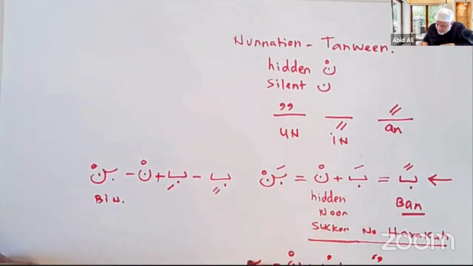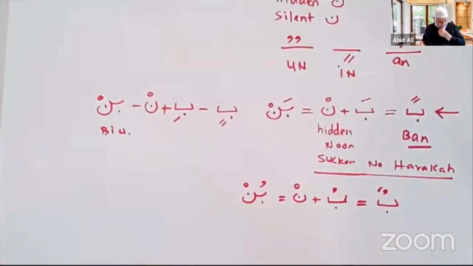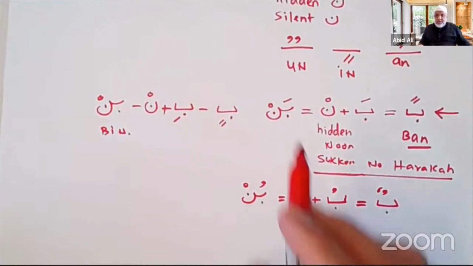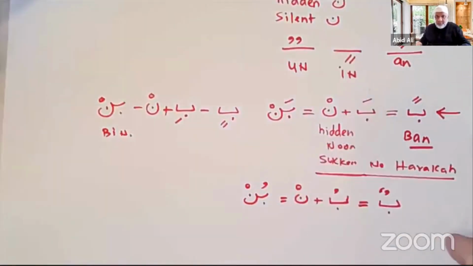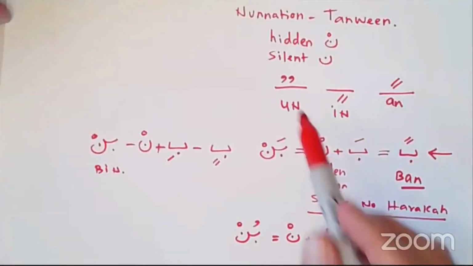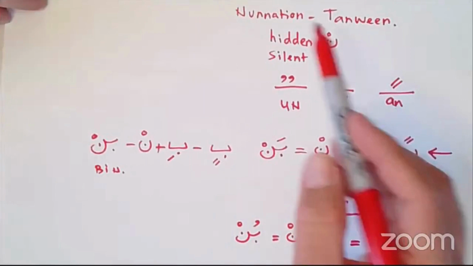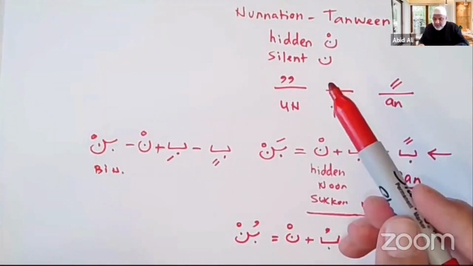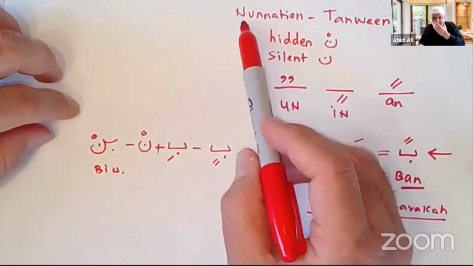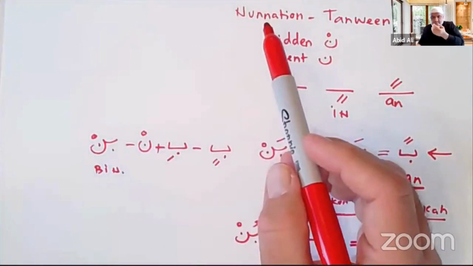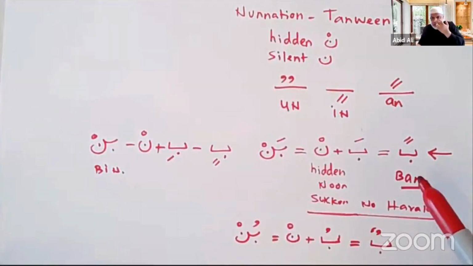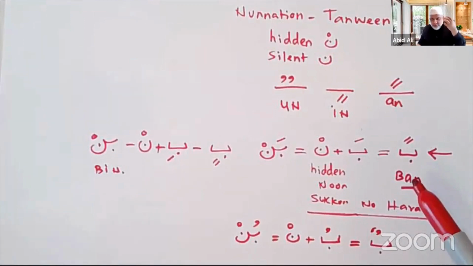It will become bun. So this is called tanween. What is it called? Tanween. And because it has the noon nasal sound, the English word for it is nunation, like you are bringing in the noon sound. So ban, bin, bun, you see the sound is coming from the nose. Okay.